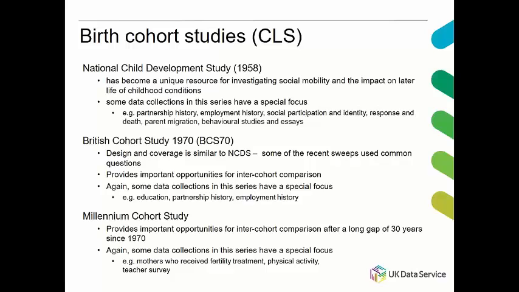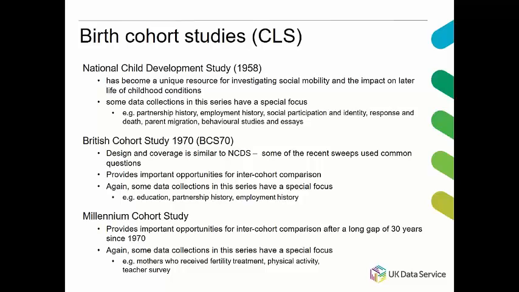So the National Child Development Study has become a unique resource for investigating social mobility and the impact on later life of childhood conditions. And some data collections, they have a specific focus. So for example, they look specifically into partnership history, employment history, social participation, and identity, death, parent migration, etc. And the same follows through the other studies.